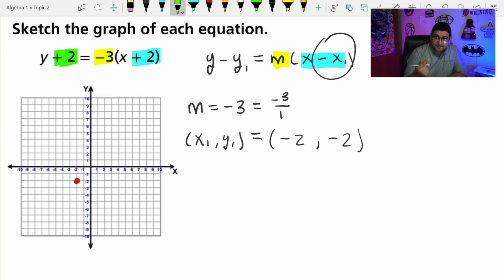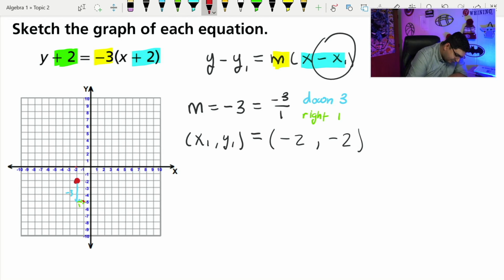Since -3, that means I'm going to go down 3, and this time I'm going to go to the right 1. So let's go down 3 spaces, 1, 2, 3, and then go to the right 1 space.